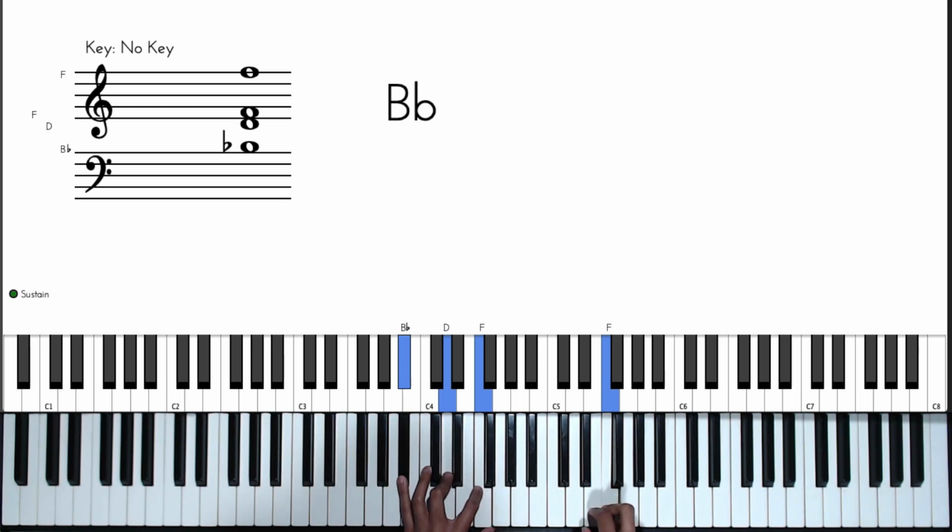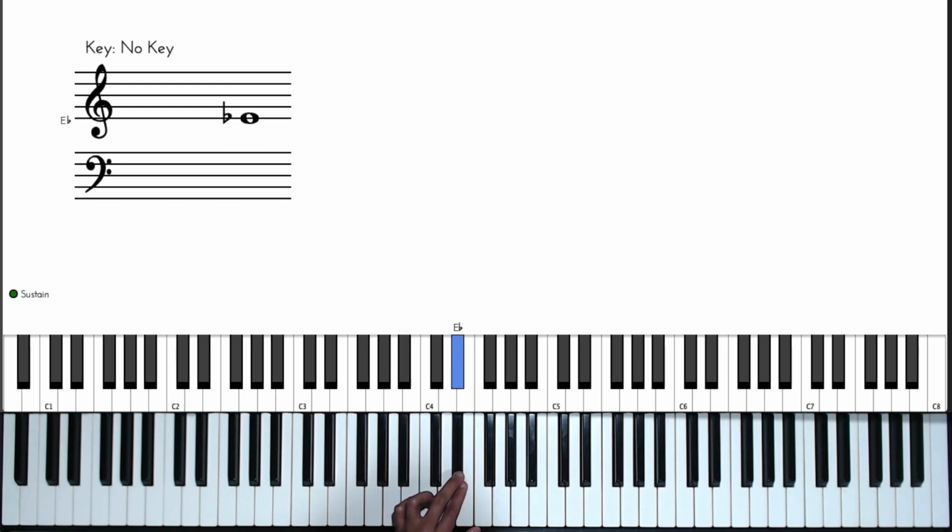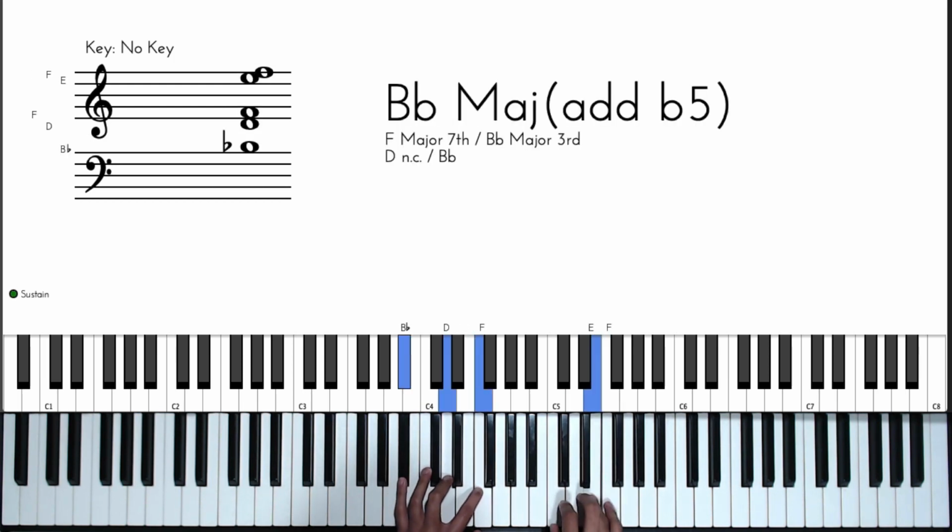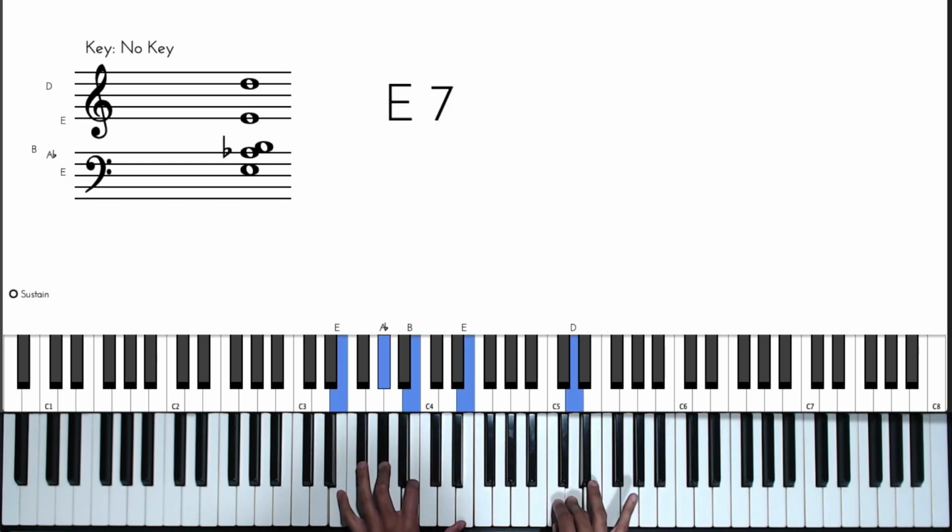which is B flat. And then from B flat, we're going to go sort of back into the C major scale, right? We're not going to go to E flat, but we're going to go to E, right?